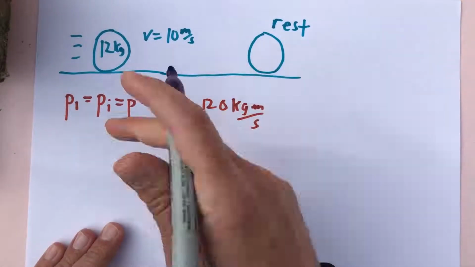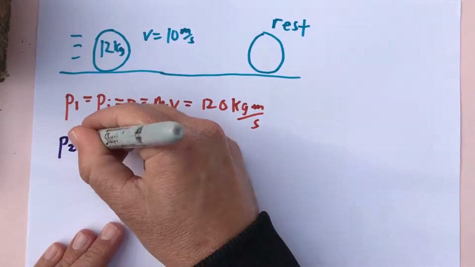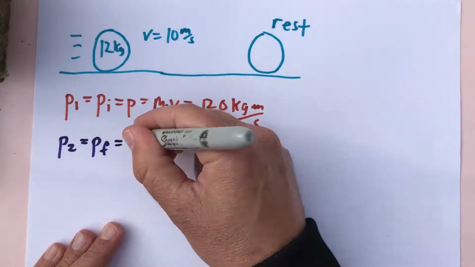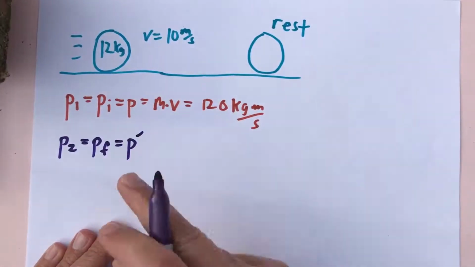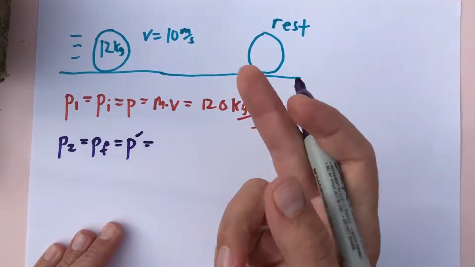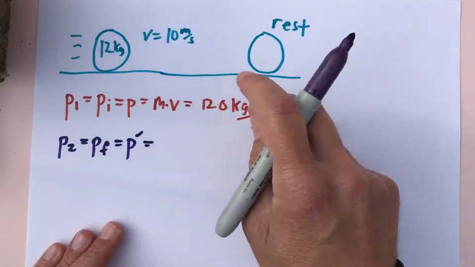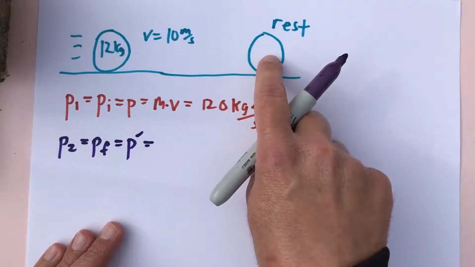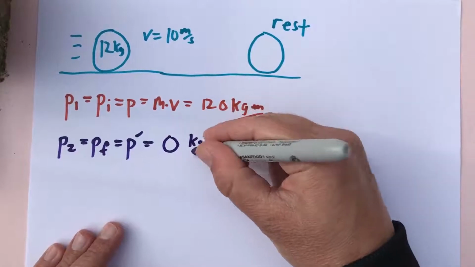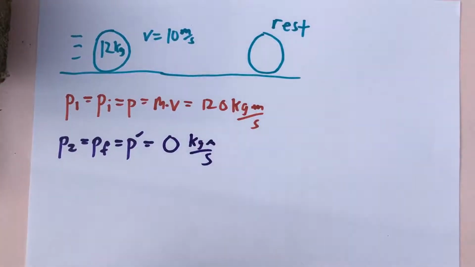Well, here at rest, let's find its momentum 2, or some books may call it its momentum final, or some books call it momentum prime. And for whatever reason, calling the second thing prime, you only see with momentum. But that would be this mass times this velocity, but there is no velocity here. So it has 0 kilogram meters per second of momentum in the end.